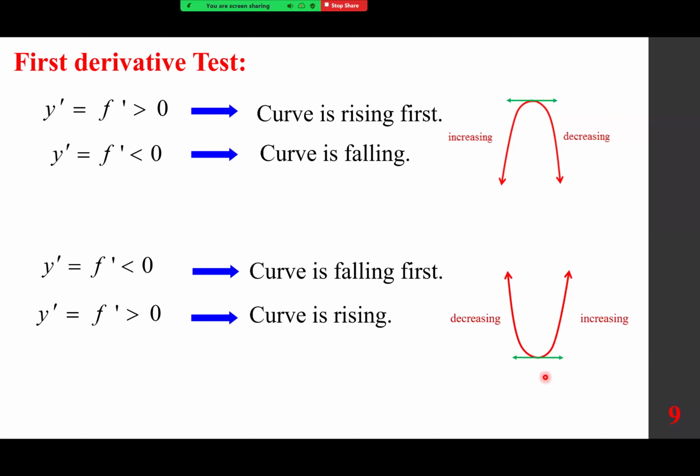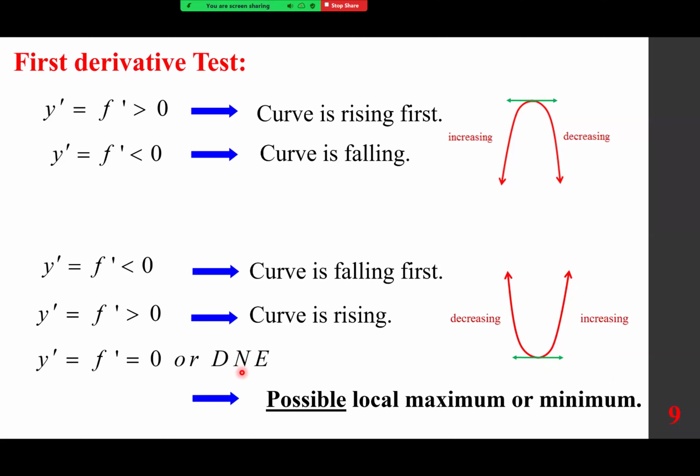As it changes from decreasing to increasing, it gives us a local min. And the process is to find y prime or f prime, set it equal to 0, or where it doesn't exist. So those are possible local extrema, local maximum or minimum. So what is the process of finding it? We are going to use a sign graph for this test.